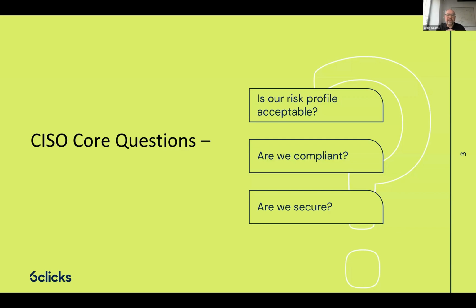I think the second thing, and the two are closely related, is: are we also compliant? And I think there's a very strong correlation between an organization's risk profile and risk management program, in addition to their compliance program, whether that's focused on international standards such as ISO 27001, NIST or CMMC, or alternatively local regulatory drivers around security.